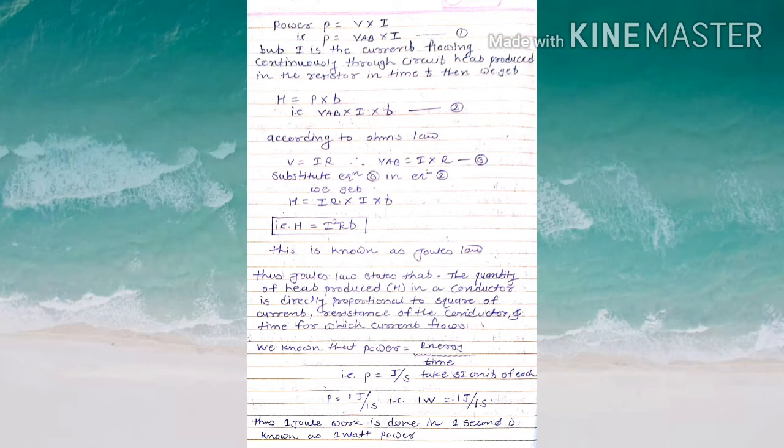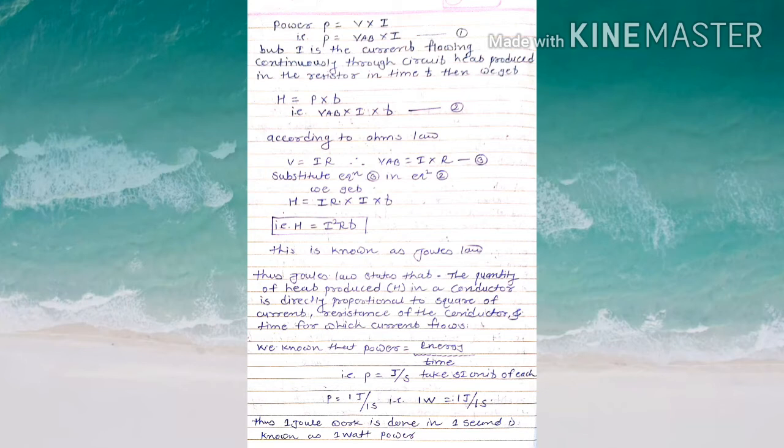Okay, now we discuss the next pointer. We know that power is equal to energy divided by time. Now take the SI unit of each, that is watt is equal to joule divided by second, that is 1 watt is equal to 1 joule divided by 1 second.